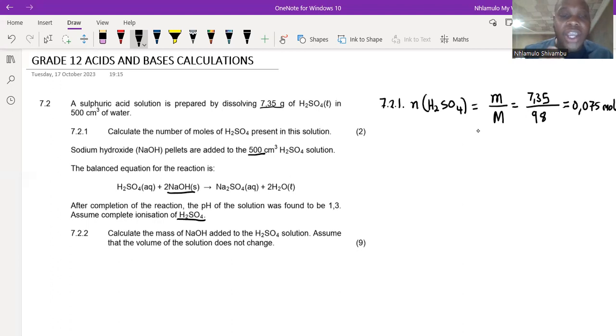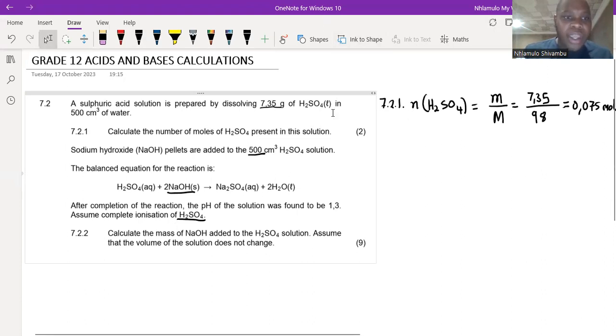Grade 12s, you must not forget that H2SO4 is a strong acid, and a strong acid by definition ionizes completely to produce a high concentration of hydronium. So let us get to 7.2.2.